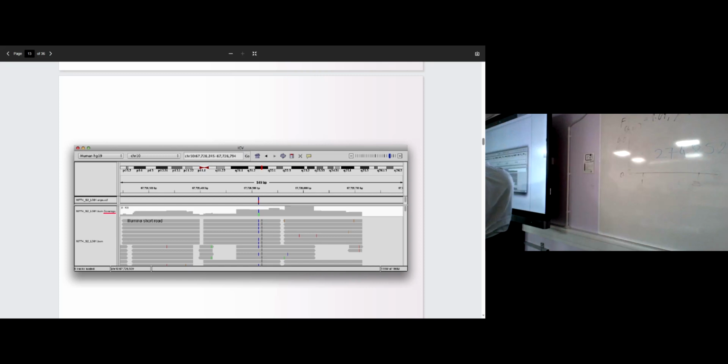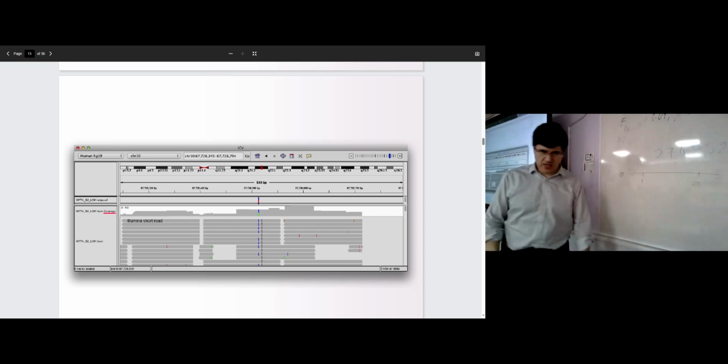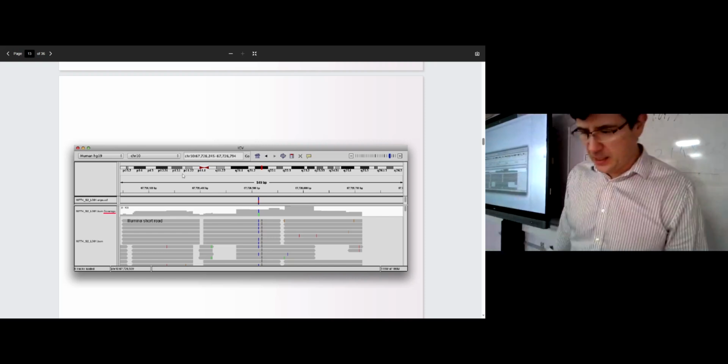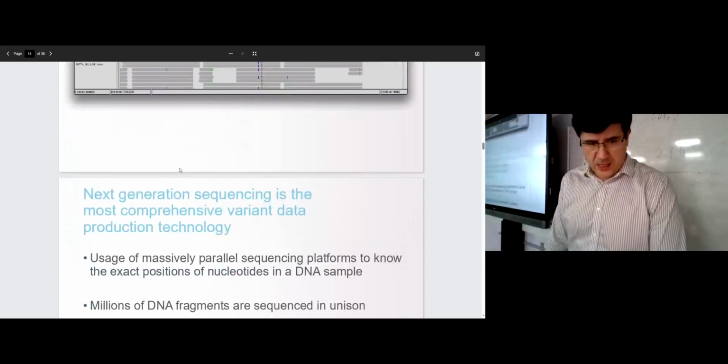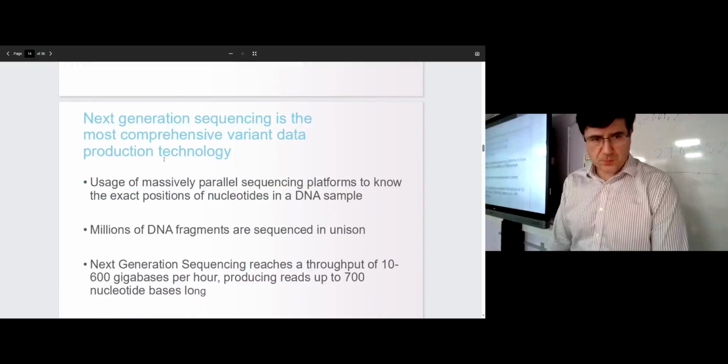And by looking at these specific positions, which are different between the individual that you are sequencing or genotyping, we can begin to classify them to see whether they have a potential pathogenic effect or not. That's really the key with genomics.